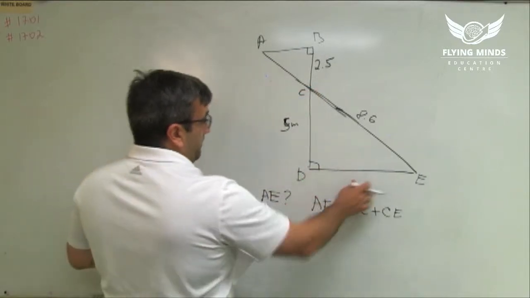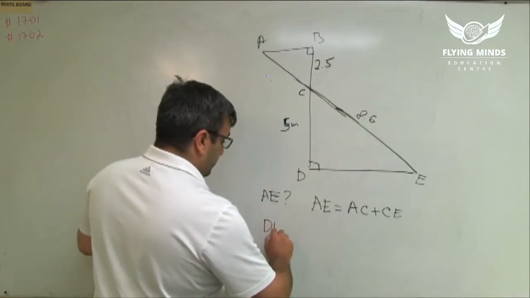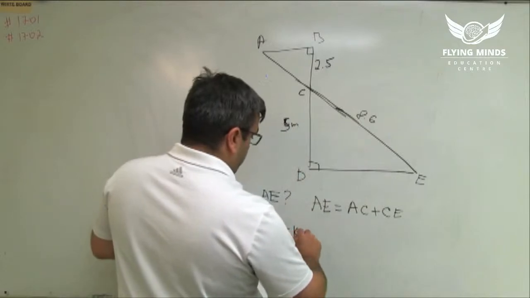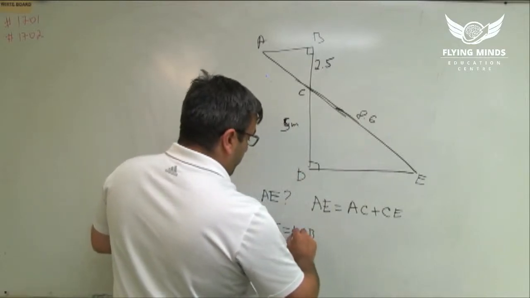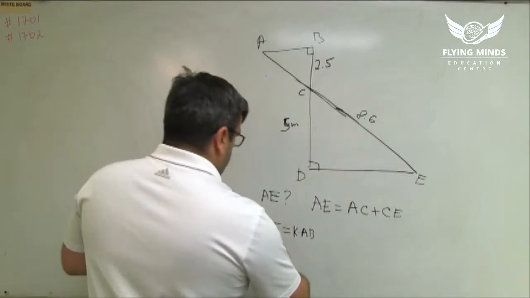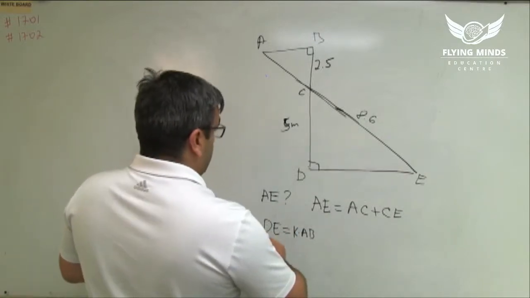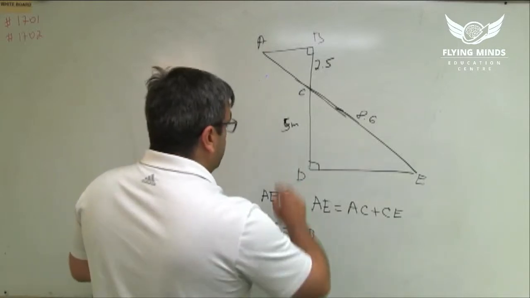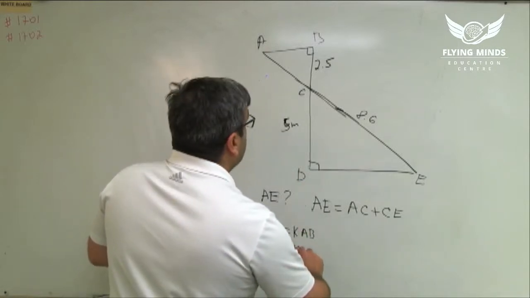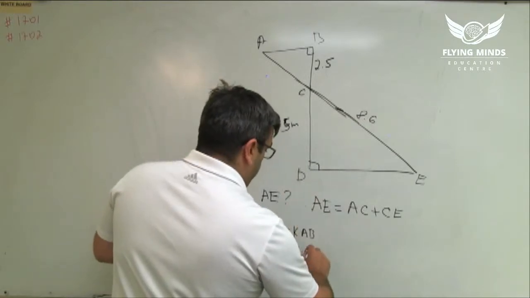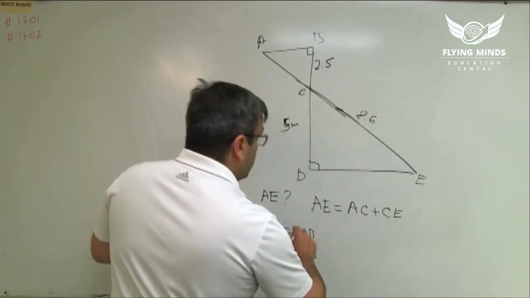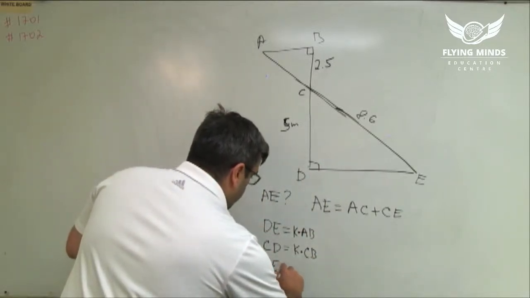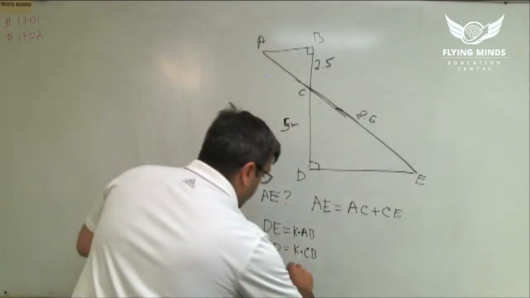So DE is related to AB, and CD is related to CB, and of course CE is related to AC.